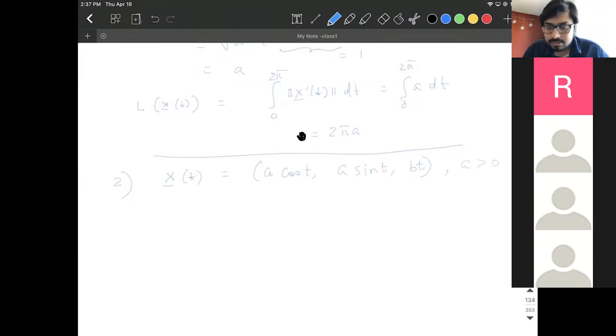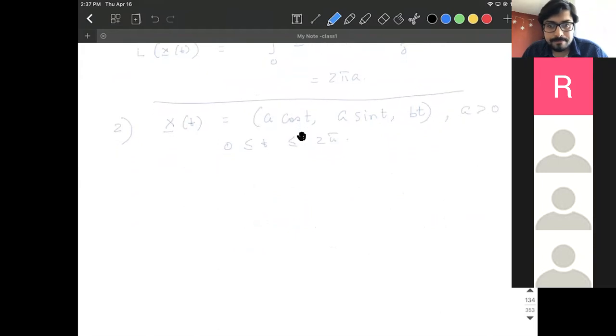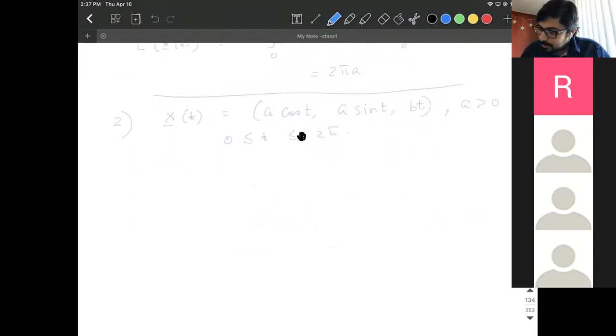Once again, you have a greater than 0, and the time varies between 0 and 2 pi, just to keep parity with the last example. Okay, so then what's x prime? I mean, these problems are of a similar type.